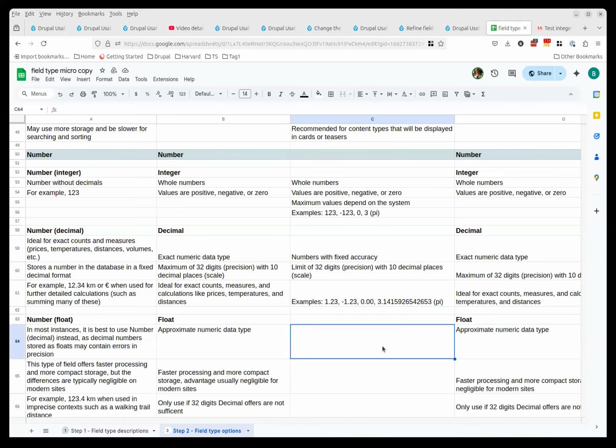But let's move on to floats, and I think numbers, the representation is different. So they can have exponents or how is that usually described?